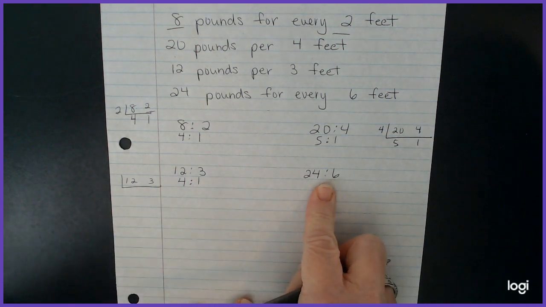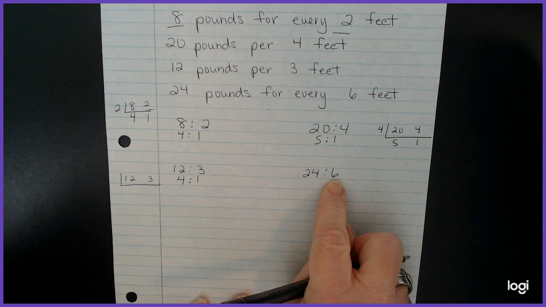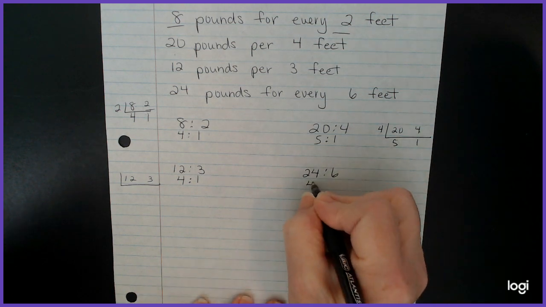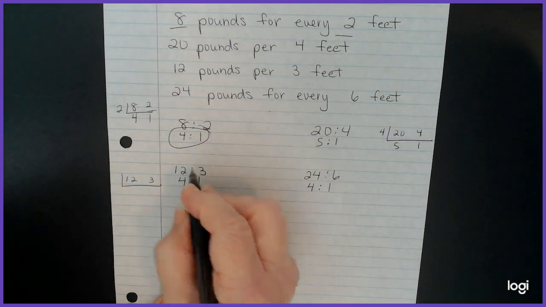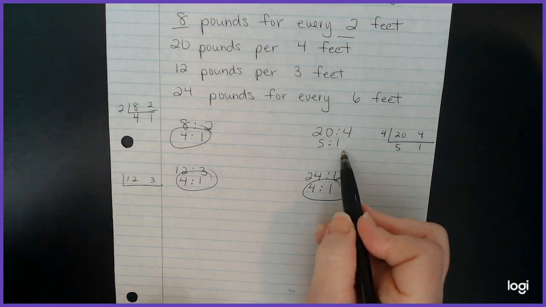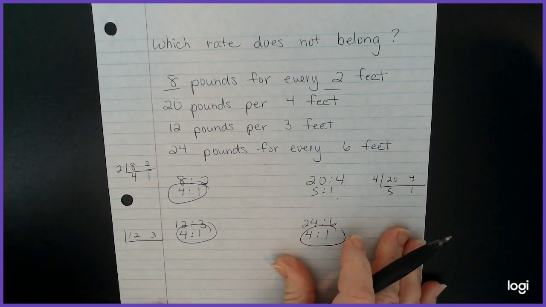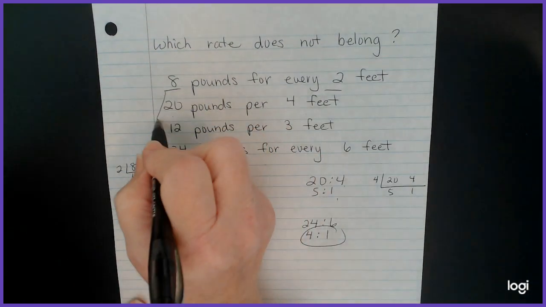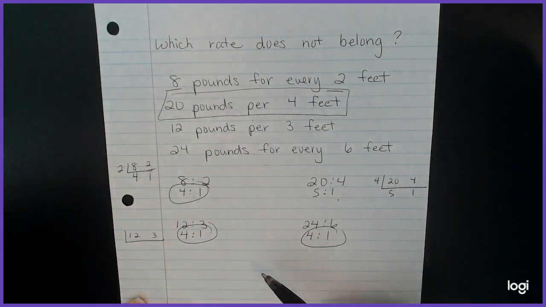And if I look at this one over here and want to simplify it, I know 6 goes into both of them, and this one's going to simplify to 4 to 1 as well. So if you notice, these are equivalent, whereas this unit rate is not equivalent. So if I look up here, which rate does not belong? Well, the one that does not belong was my 20 pounds per 4 feet.